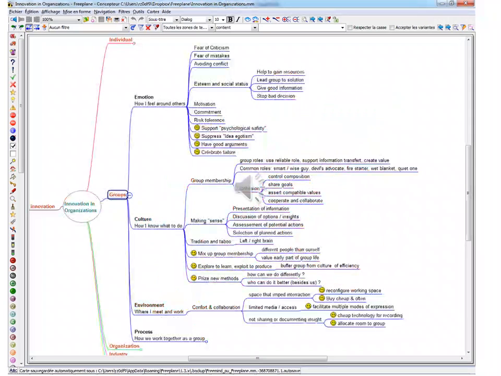The group item is quite important for us as it is the main constraint in our organization. So we've got quite a lot of items. As I said before, we've got some smileys to show what should be done to help with the group constraint, to help with emotion or culture, and we've got several levels of information.